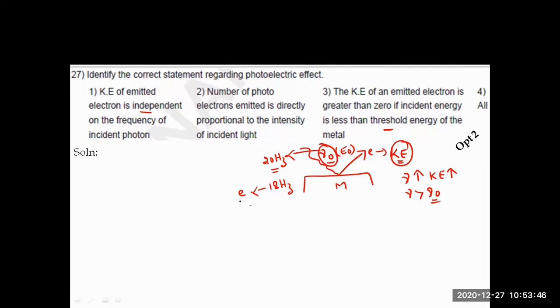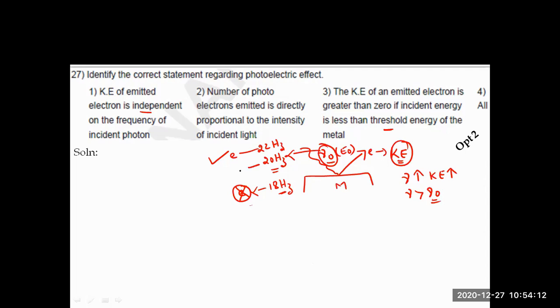No. If it is 18 hertz, the electron will not be emitted, because what is required is minimum 20 hertz of frequency. If frequency is 22 hertz, will electron be emitted? Yes, sir. Now, how much is extra frequency from threshold frequency?